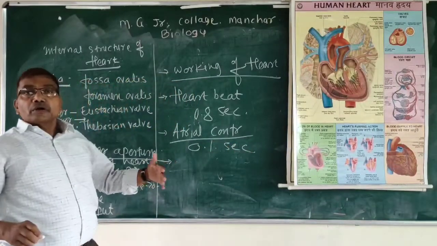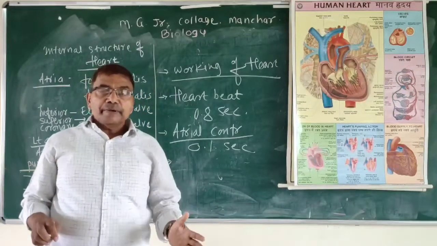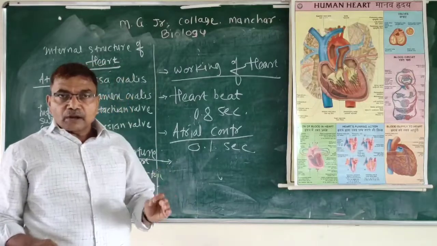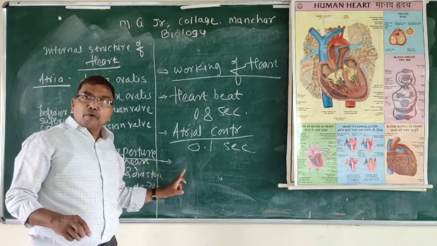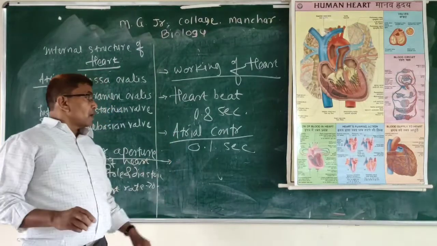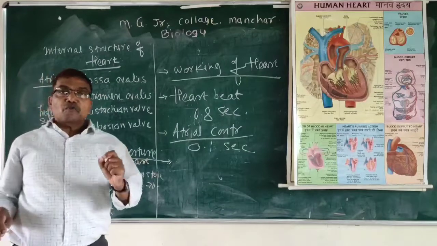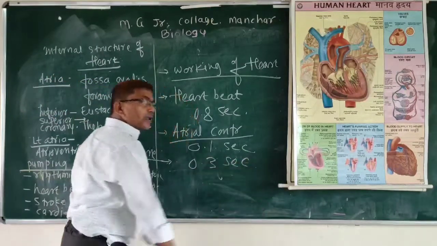Then the AV node, the atrioventricular node, is stimulated and carries the wave of contraction over the ventricular wall, and for the contraction of the ventricle 0.3 seconds are required.